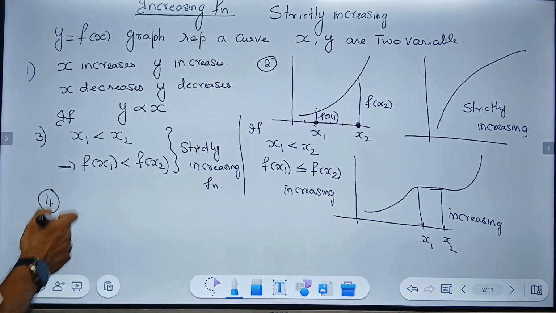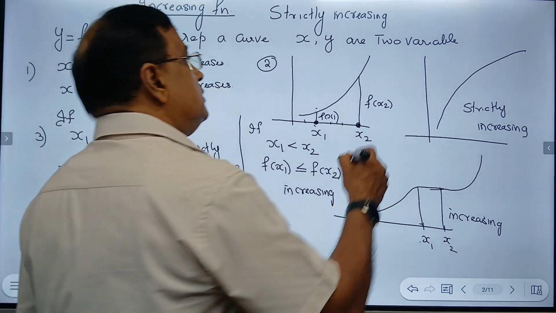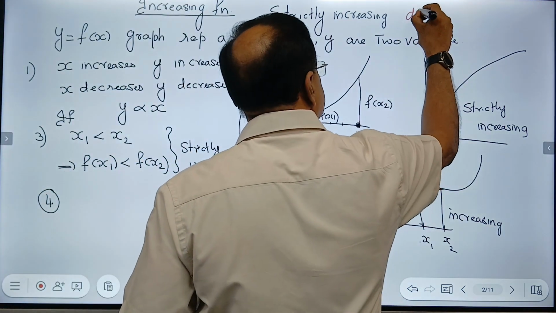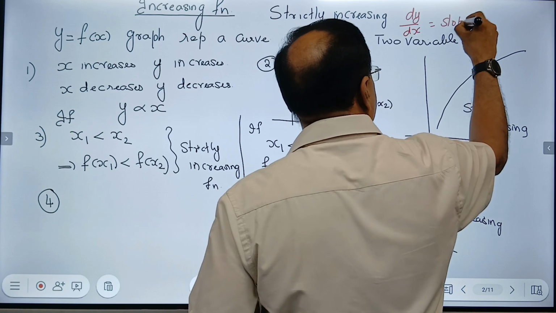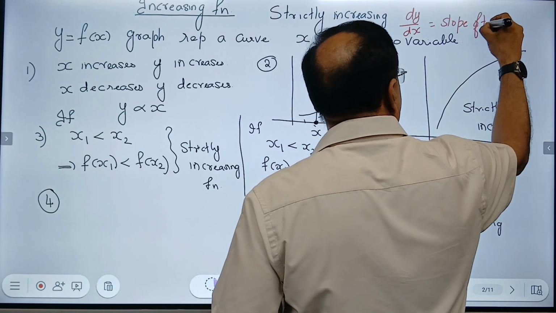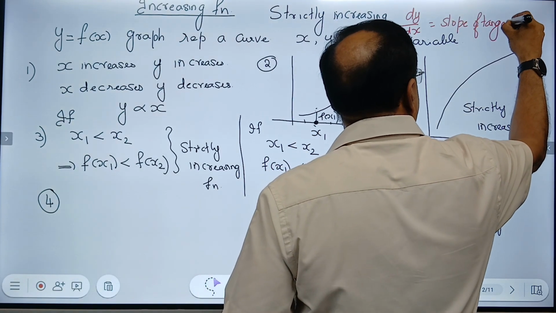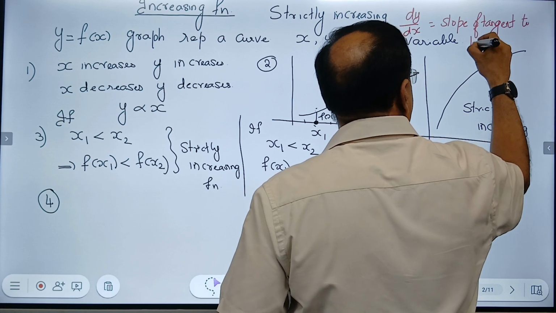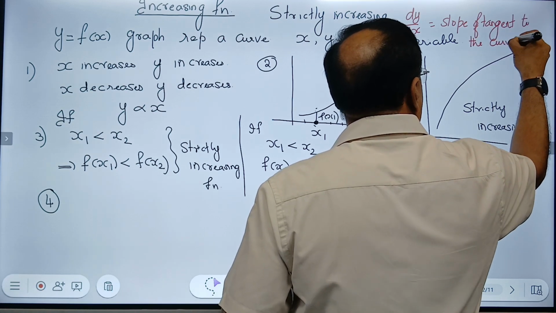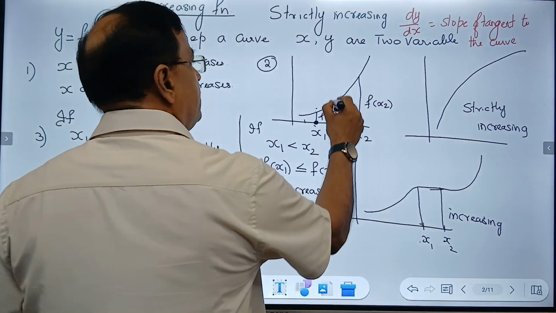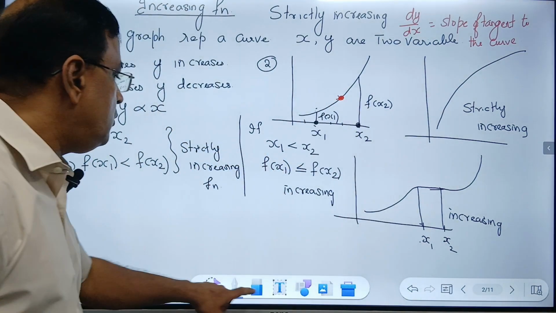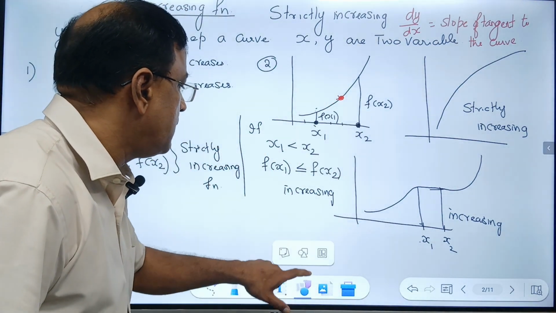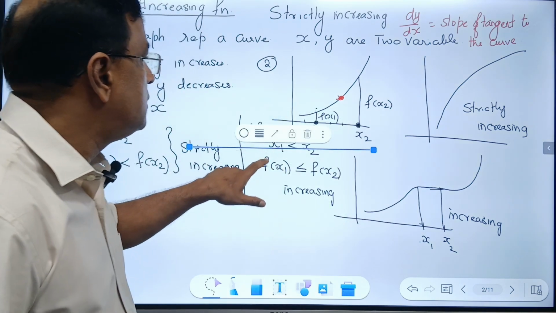Now what is the geometric meaning of dy by dx? The geometric meaning of dy by dx is slope of tangent to the curve, correct? Slope of tangent to the curve. Now what do you do? You choose any point on the curve and I draw a tangent.